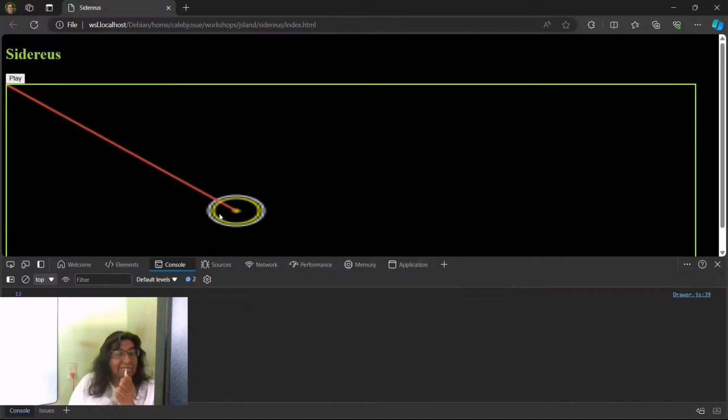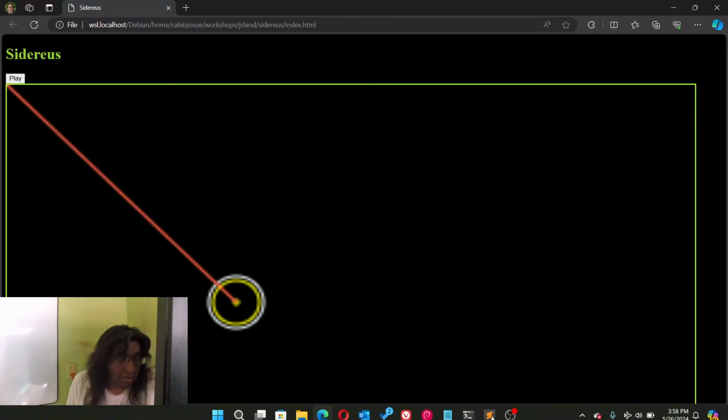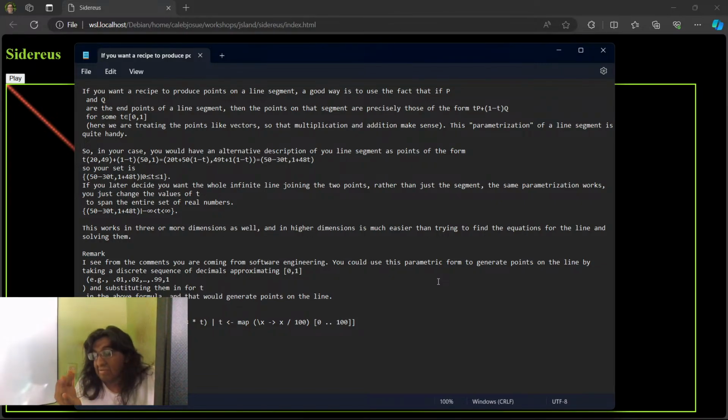Okay, we need to find points on this, the points that are contained on this circle. But October, November, December, January, February, March, April, May, eight months ago.